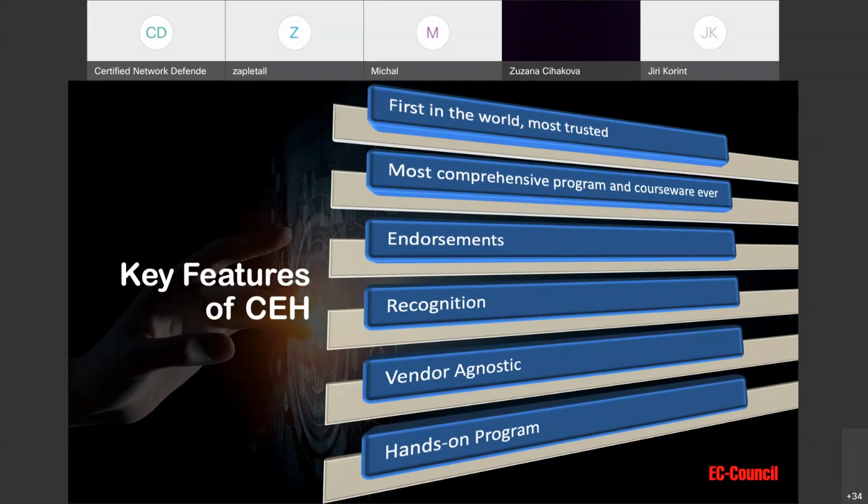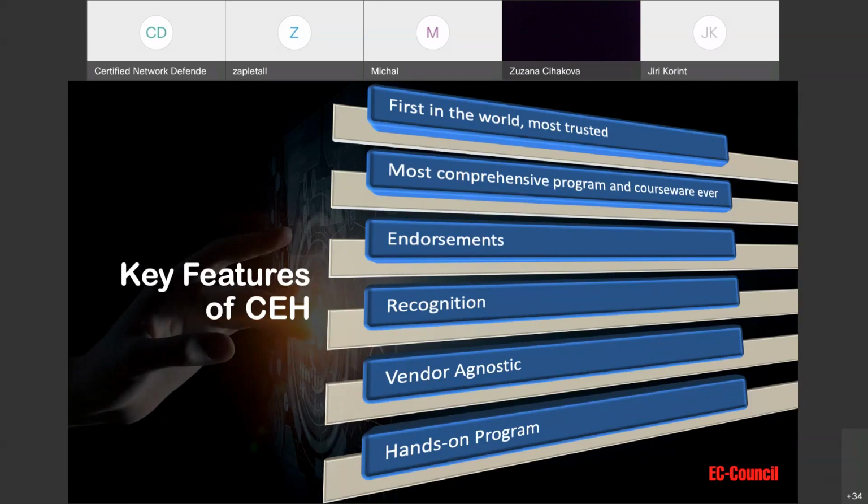The fact we have 204 labs incorporated into the certification means you can get not only the theoretical knowledge but also the practical knowledge as well. It's certainly a testament to our development team. We're trying to ensure that individuals entering the workforce have those practical skills.